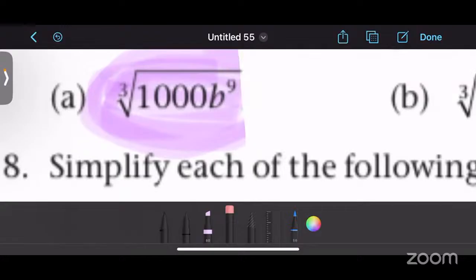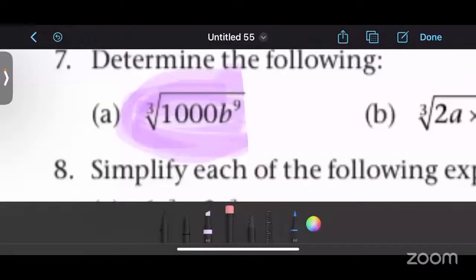Perfect. Manahil, are you happy? Yes, ma'am. Perfect. Now let's get into the business of it, which is determining the cube root of 1000 b to the power of 9. And Ole, how are we going to determine this?